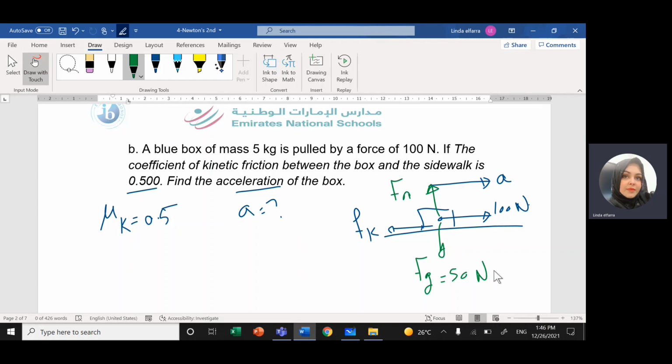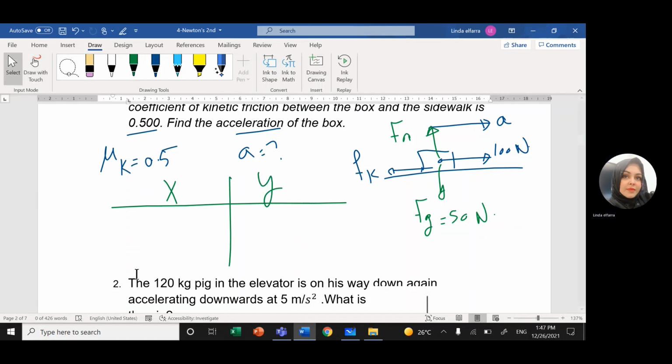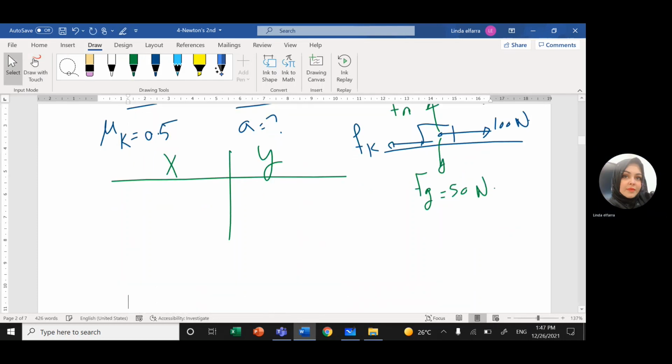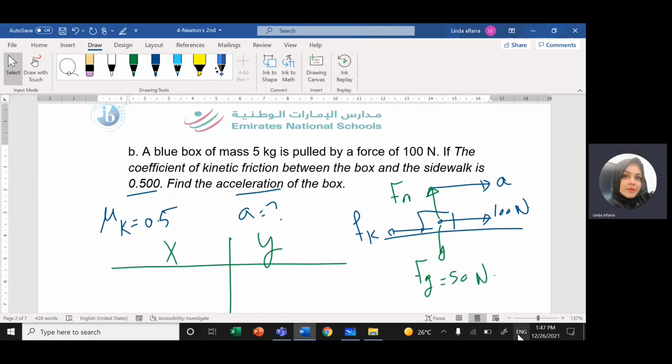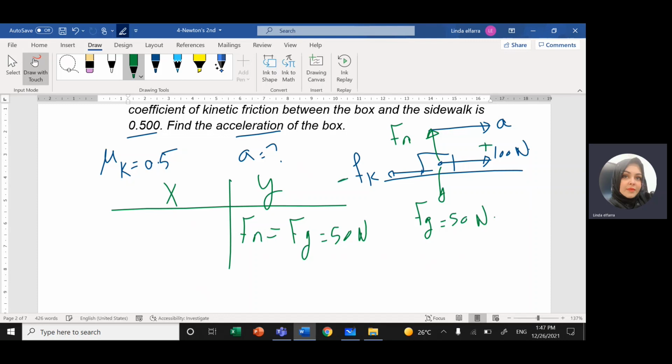Since I have forces in X and Y directions, I can make X and Y axes. In the Y direction, I have Fn, the normal force, and that equals Fg. Both of them equal 50 Newton. Forces in the direction of motion are positive, and opposite to the direction of motion are negative.